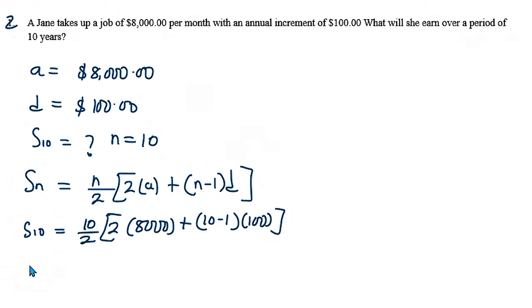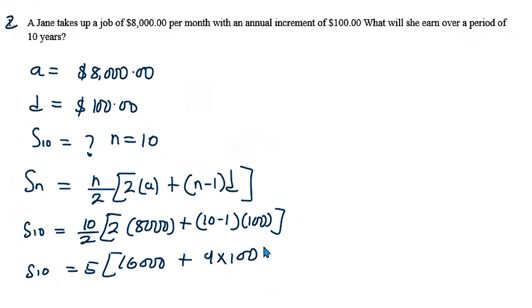Okay, so it means that this 10 will be equal to 5 out here. So 8 times 2 will give us 16,000. So this will be 16,000 plus 9 times 100.